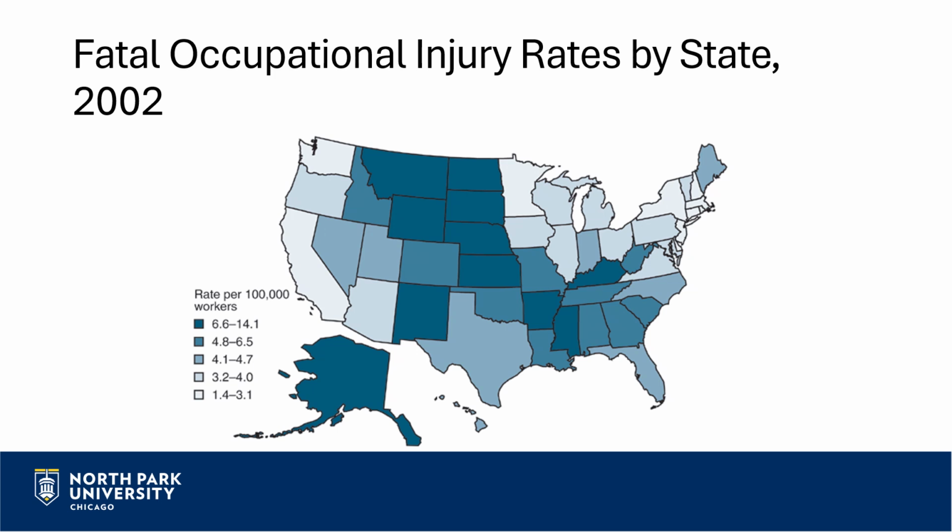All right. More statistics. Fatal occupational injury rates by state. Let's see who has the most. Oh, look at that. That's interesting. Alaska and up in this area here, down in Alabama. I wonder why. I know that so much farming goes on in this area.